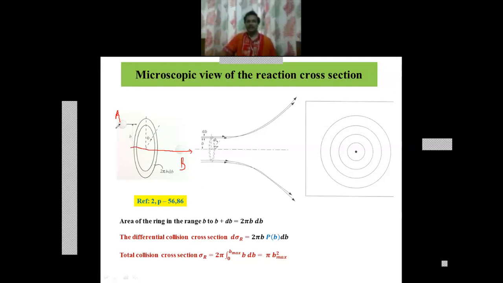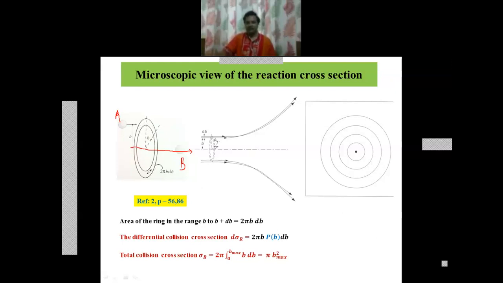Now when A comes with an impact parameter b, the radius of the ring is b, and it is coming within the range db. So this is b and this is the width of the ring. If A is coming within this ring, what is going to be the cross section?